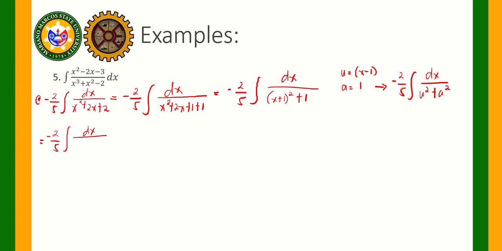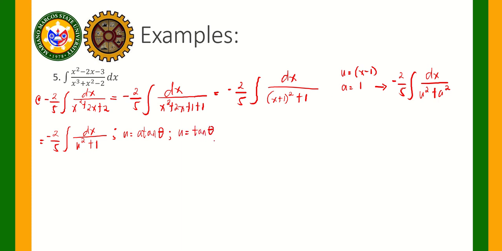So from there, it's a plus. If we rewrite this, it will be equal to u squared plus 1. And since it is u squared plus 1, we are going to use u is equal to a tangent theta. So our u will be equal to tangent theta because our a is equal to 1.